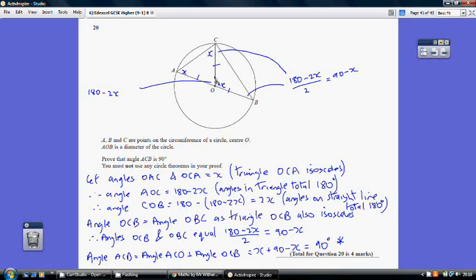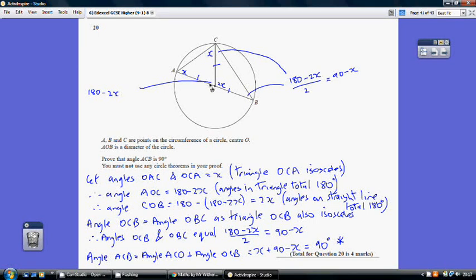So we've got two isosceles triangles. In this first triangle ACO, these are both radii, so these are the two base angles of that isosceles triangle, which I'm going to choose to call x. Now, if they're both x, this angle here must be 180 take away 2x, because obviously angles in a triangle add up to 180.